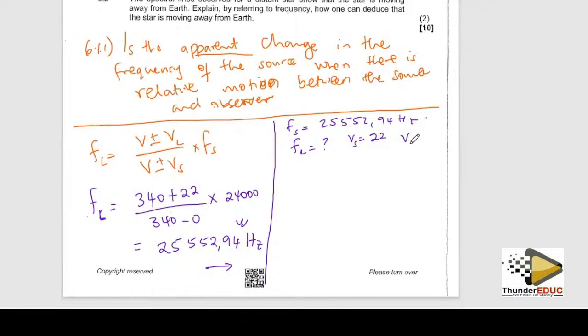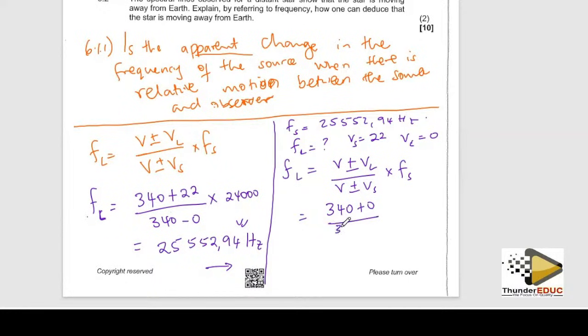Okay, the velocity of the listener is going to be 0 now. Then we do the same thing, apply (v ± vL) over (v ± vS) times the frequency of the source. So that is 340. The listener is going to be 0 since the detector is not moving.